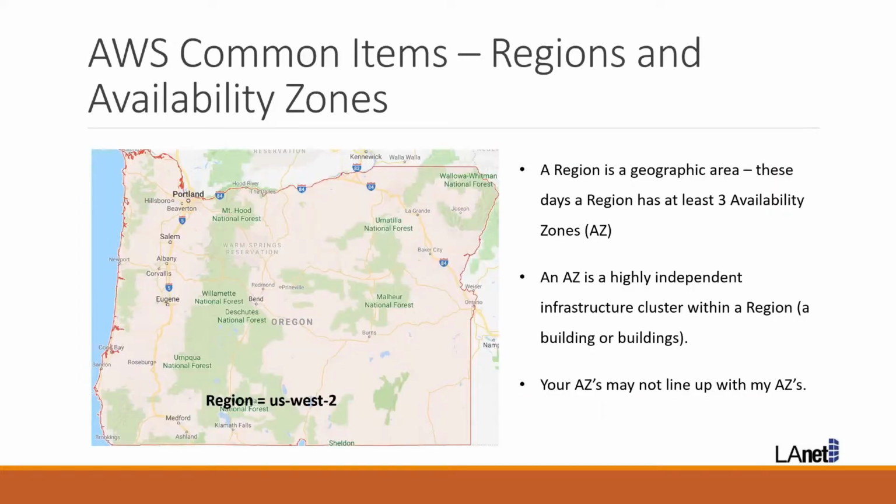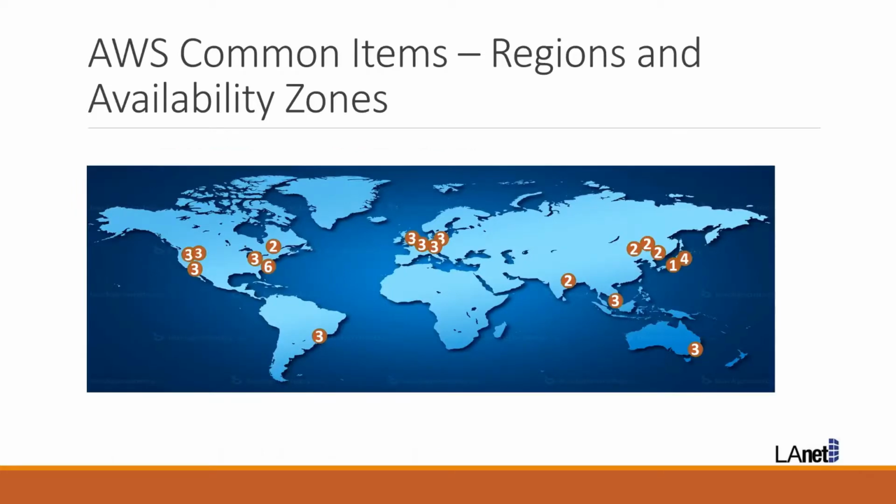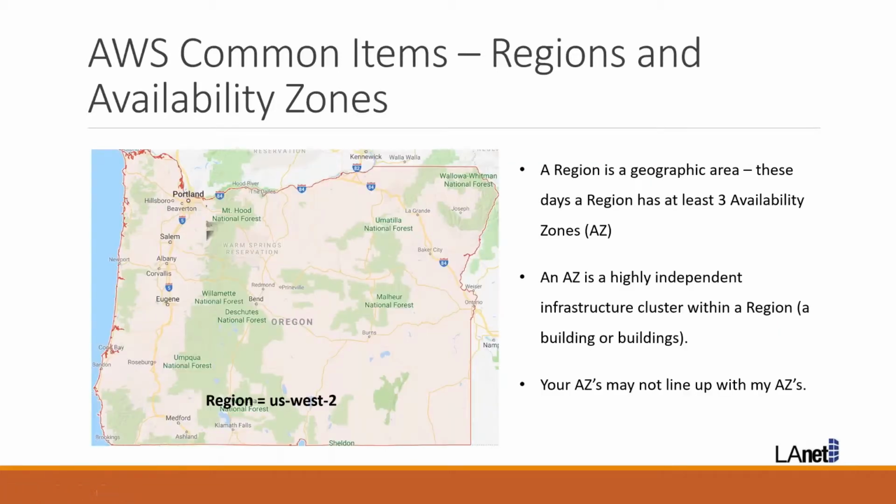Now, an availability zone, or an AZ, this is basically a highly independent infrastructure cluster within a specific region. So if these are my regions, and if up here in kind of the upper left, I have an Oregon region, for example, and it has 3 availability zones, they'll look like a cluster of 3 campuses or buildings somewhere in Oregon. So the best way to think of an AZ is just a cluster of data centers, right?